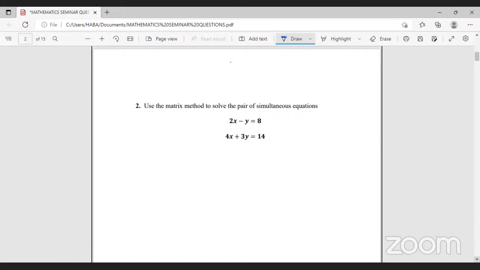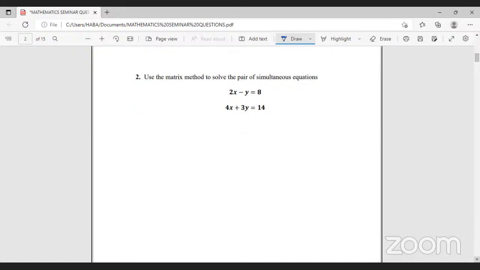So our equations are 2x minus y equaling to 8, then 4x plus 3y equaling to 14. So what do we need to solve these equations using matrix method? Any ideas?